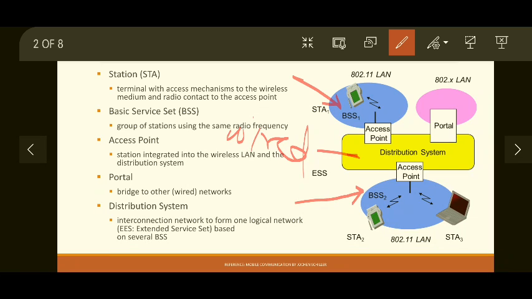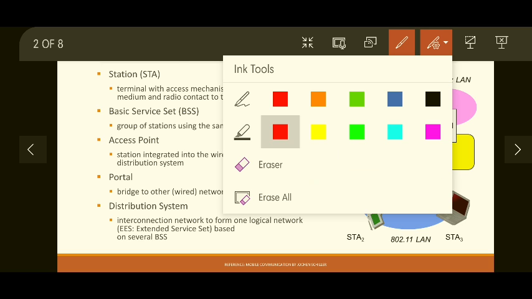As you can see, to make this network work you need several types of infrastructure, and that's why it is called an infrastructure based wireless network. Remember, all the communication among users happens only through the access point. Direct communication is not possible.